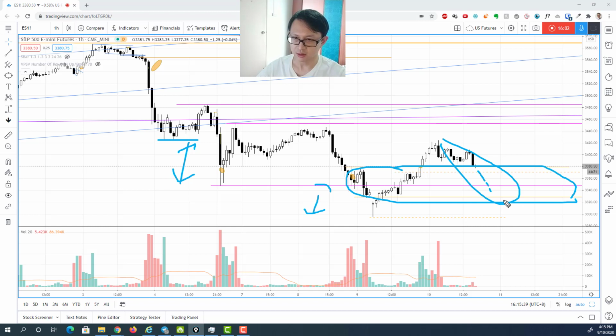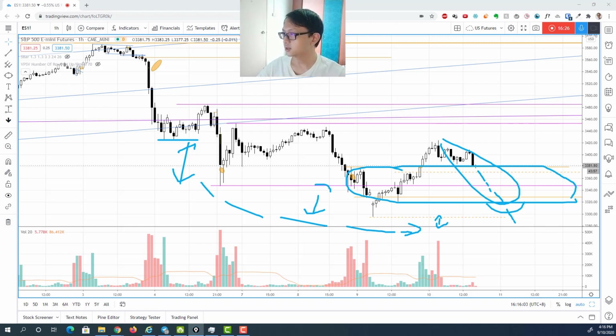If we can stay within or form a higher low here, then that will be another bullish case, or even break a bit lower to form a lower low, but with even shorter thrust here. Then you can confidently say that we have seen the shortening of the downward thrust. The momentum to the downside is fading.